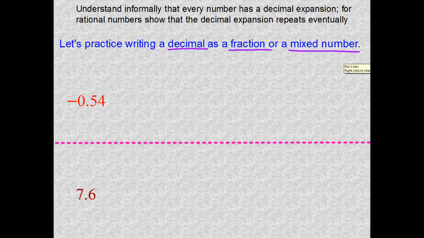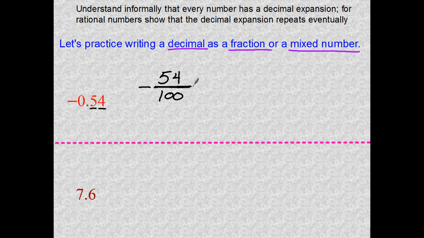All right, so we read this as 5 is in the tenths, 4 is in the hundredths, so we read this as -54 hundredths. That is written as a rational number. However, we have to check to make sure that it's simplified, and it is not in simplest form.